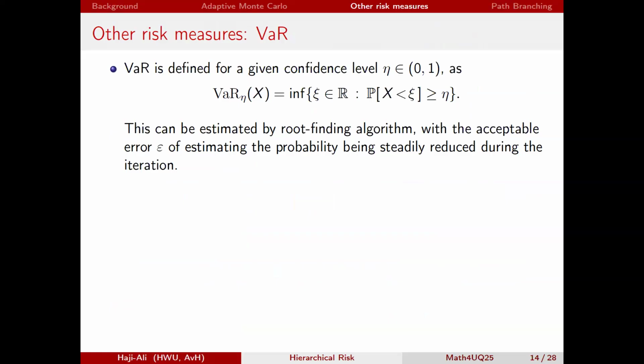It's saying essentially what is the minimum loss for which the probability of achieving a loss less than that is above a certain confidence level. But this requires essentially a root finding algorithm where at every step we have to compute this probability. And this probability we just saw that we can compute using MLMC.